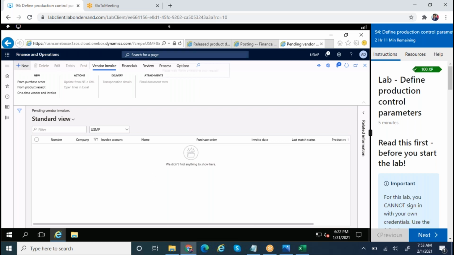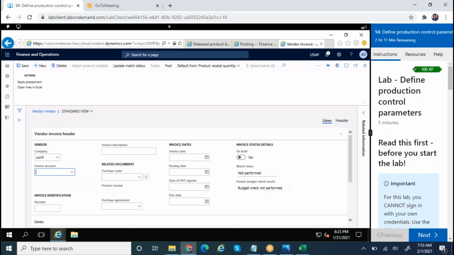Let me click new. This is the functionality you are going to learn now in a few minutes. Here I can select the vendor account.